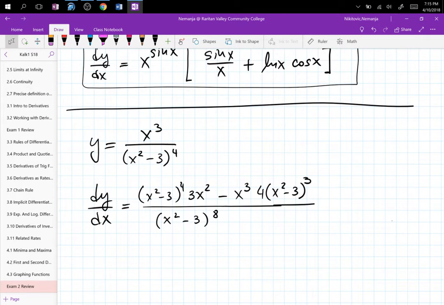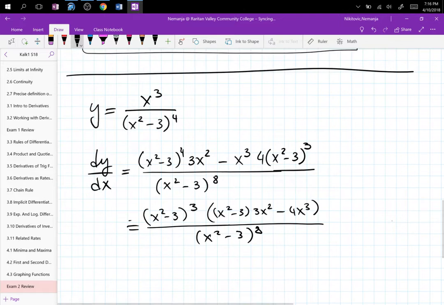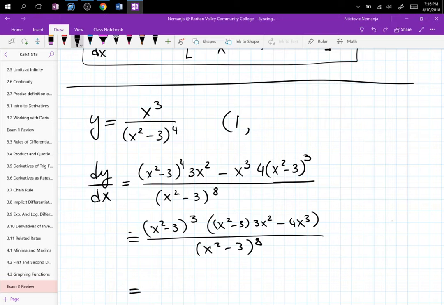Now, what we can see here is, to simplify this, we can factor out x squared minus 3 to the 3rd power, leaving x squared minus 3 times 3x squared minus 4x cubed, and you have x squared minus 3 to the 8th power, so some stuff will cancel. Oh, I didn't put the point. The point is 1 and 1 over 16. So, tangent line at this point.